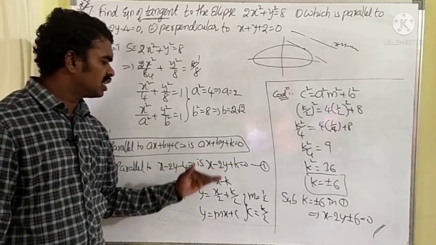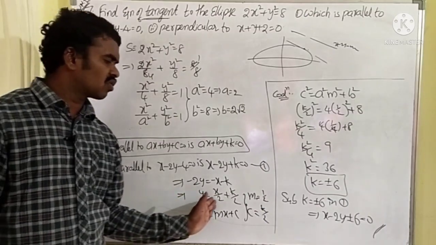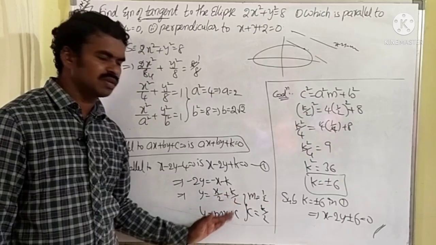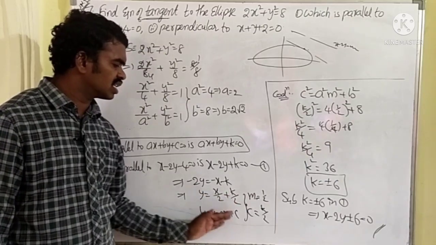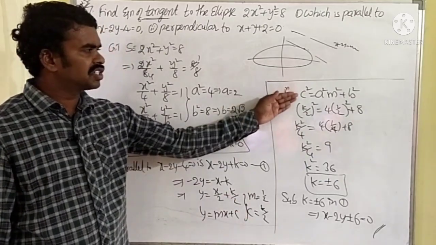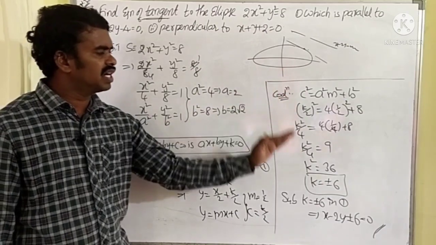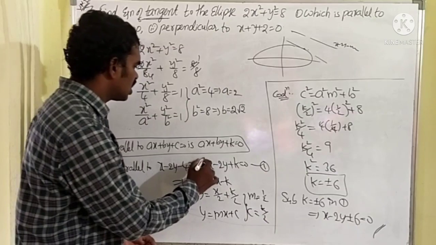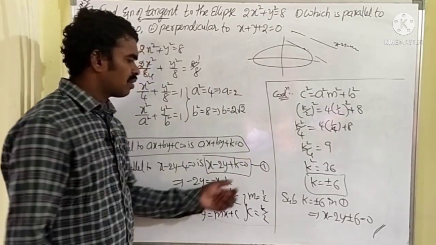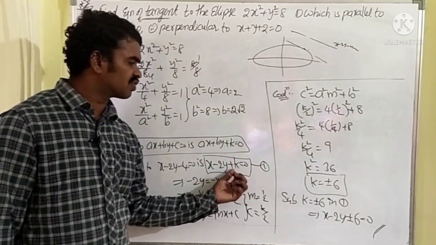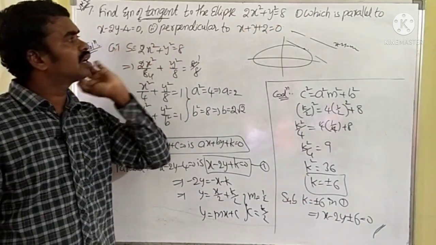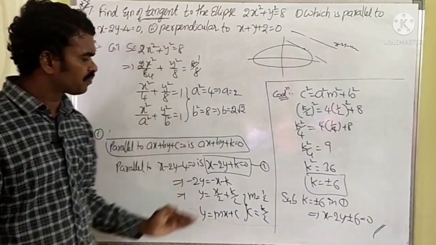Convert this to the form y equal to mx plus c, find m and c, write the condition, substitute the values, and find the k value. After getting the k value, substitute it again in equation 1 to get the answer for the first question. Next question: perpendicular. Is it clear?